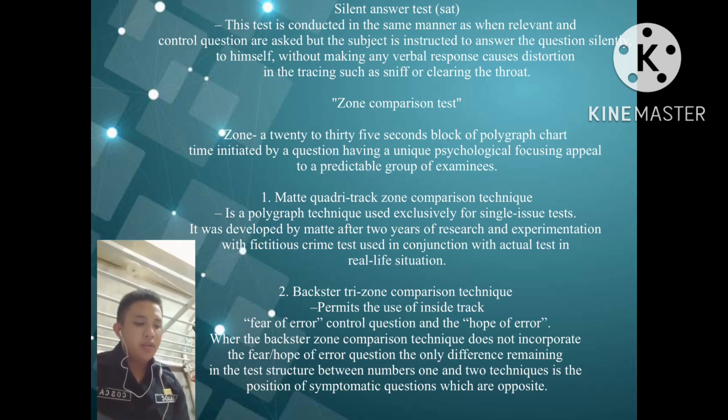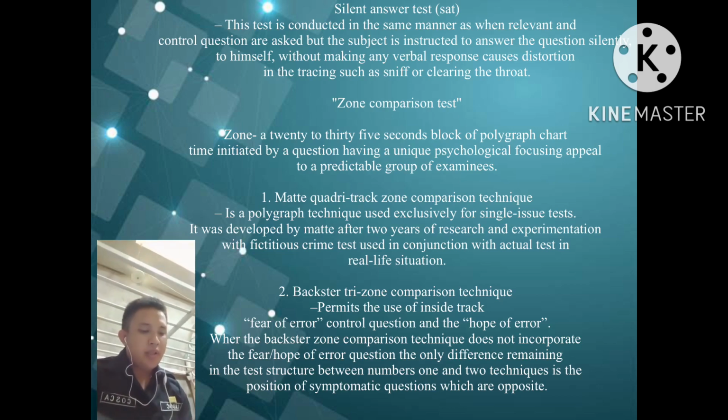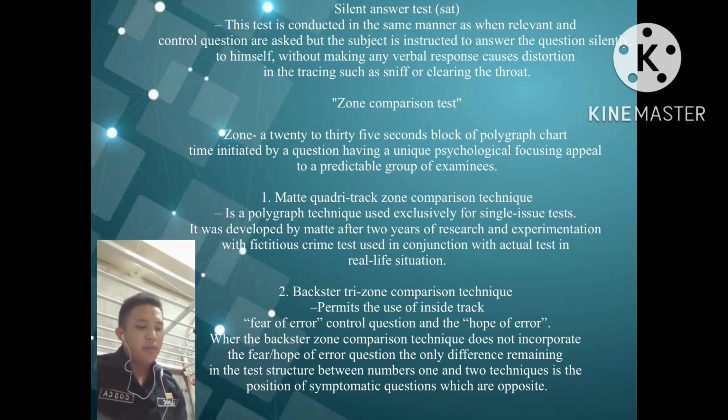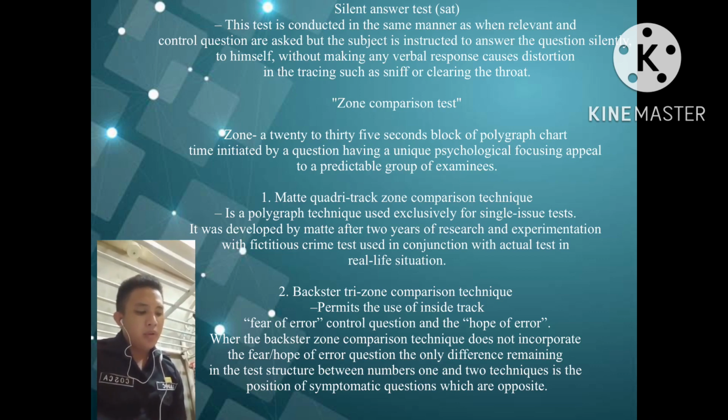Number two is the three-zone comparison technique. It permits the use of the inside track, fear of error control question, and the hope of error, where the Backster zone comparison technique does not incorporate fear and hope of error questions.